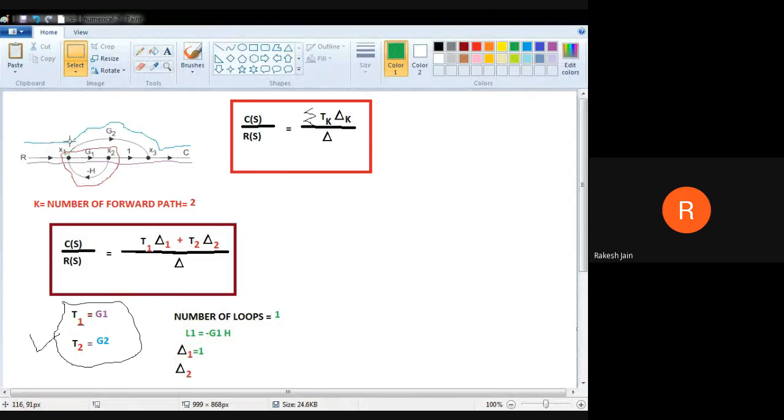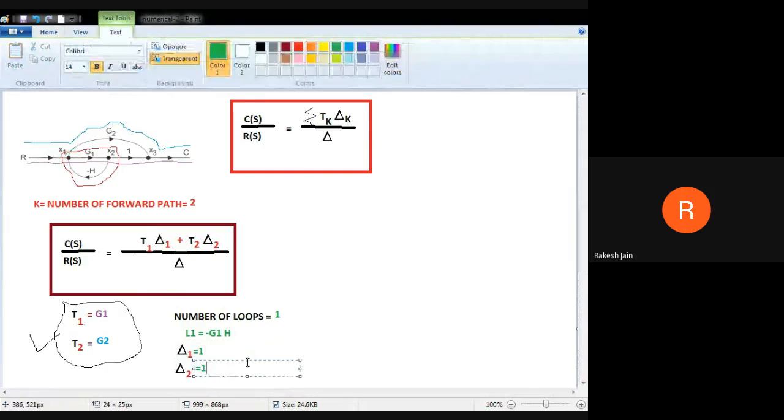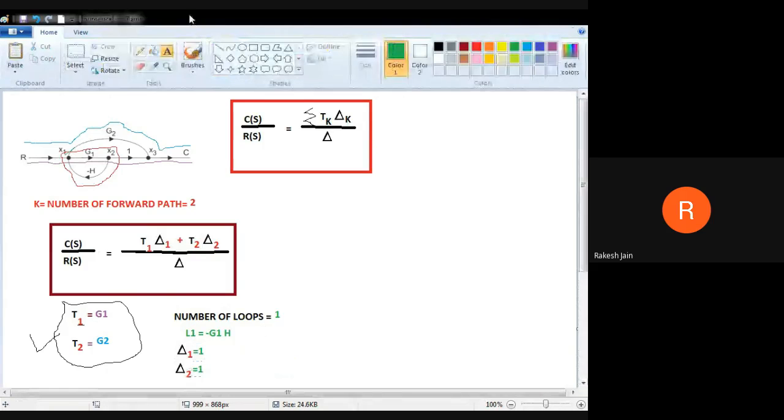See the light blue color line, the forward path is there, and the x1 node is there, so it also touches, so del 2 is also 1, okay. I encircle this one also with a black color.